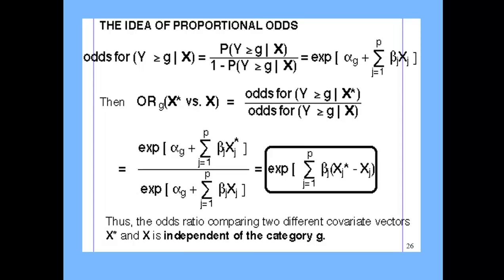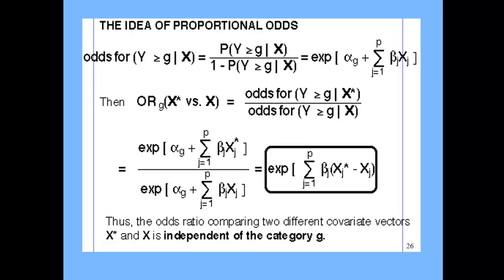Alpha sub g cancels out. What do I get? I get e to the what? Now look at this formula. e to the sum, j goes from 1 to p, beta j times (x j star minus x j). Have you seen this formula before? And the answer is yes. That was exactly the same formula we had for binary logistic regression. Exactly the same formula.